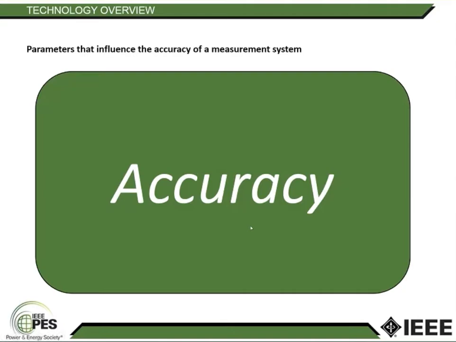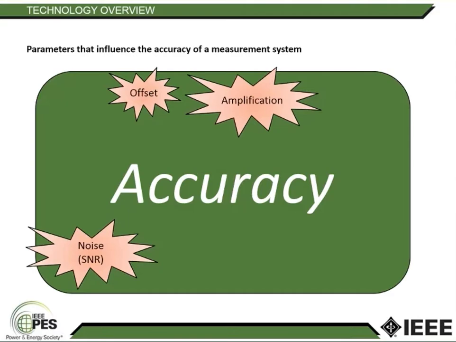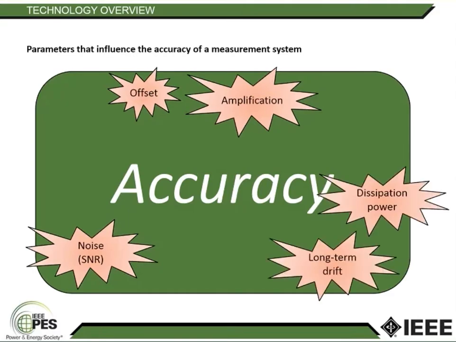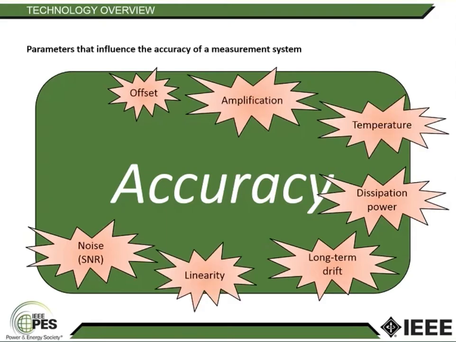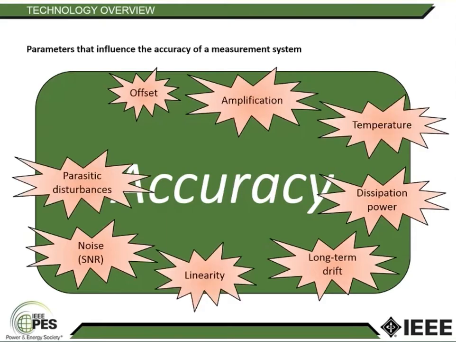Obviously, with those shunt-based current sensing modules, the biggest challenge is to deal with accuracy too. It's all about accuracy. So there's a ton of parameters that actually influence the accuracy of such a measurement system, such as offset error, amplification error, noise, dissipation power, long-term drift, linearity, temperature, parasitic disturbances, and disturbances through inhomogeneous materials.